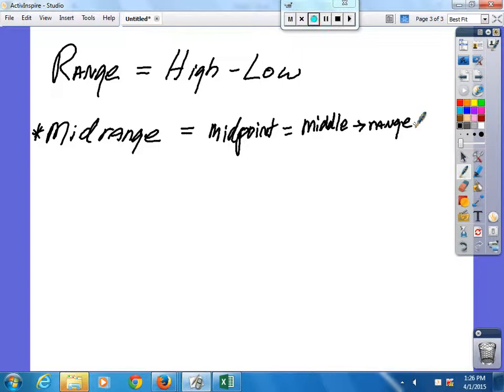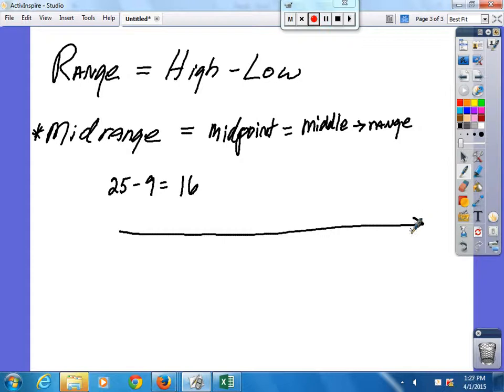Let me give you an example. What's our highest number on this set of data? 25. Now 16 doesn't help us, okay? But I'm going to set up a number line, and this is helpful when we do our box plots.